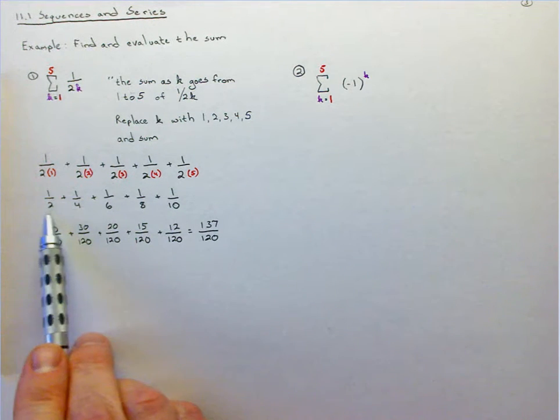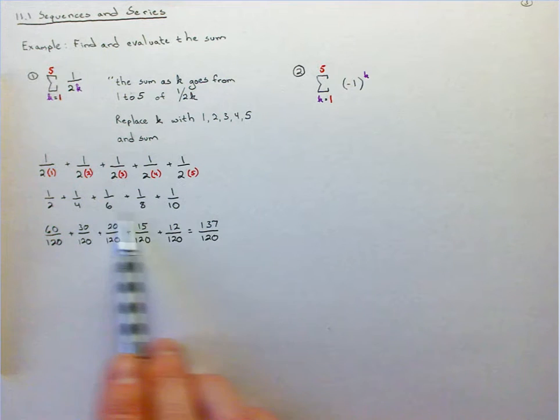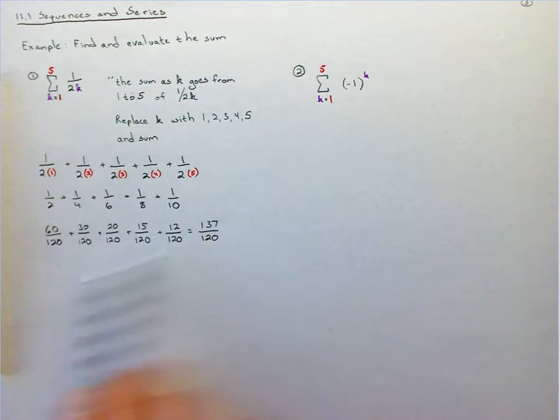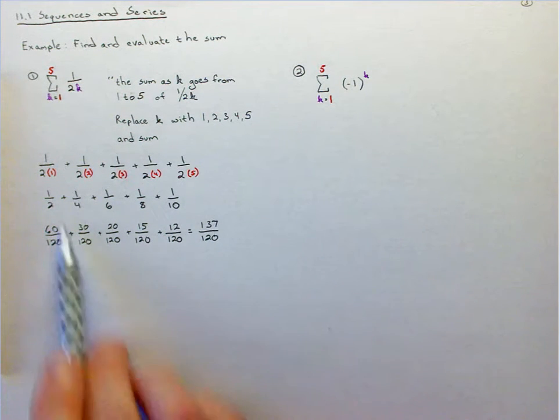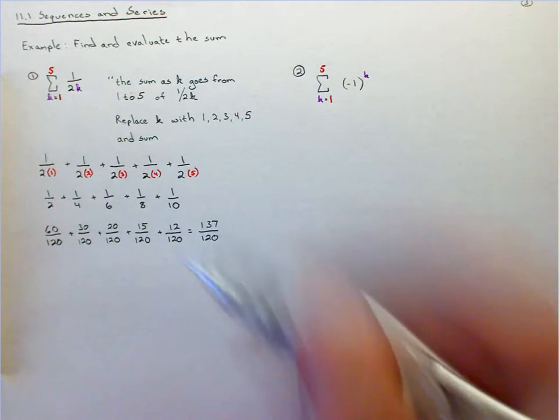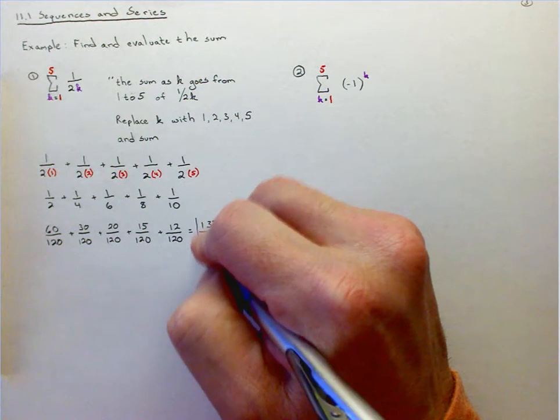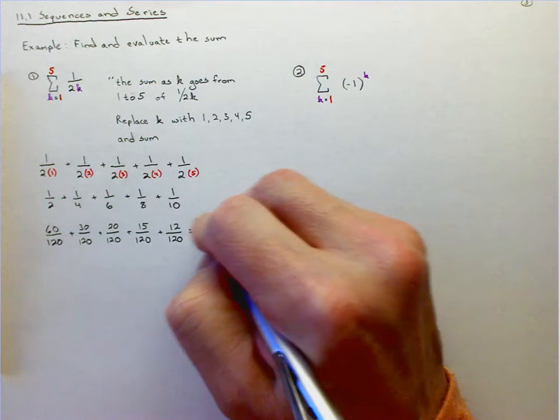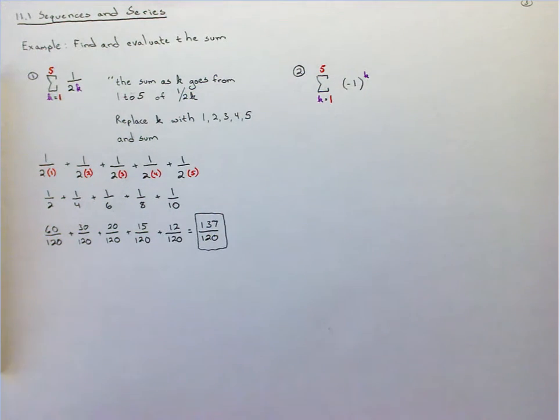I do the multiplication, and I end up with 5 fractions. Then you have to find the common denominator because you have to add them all together. But this is my answer right here: 137 over 120.